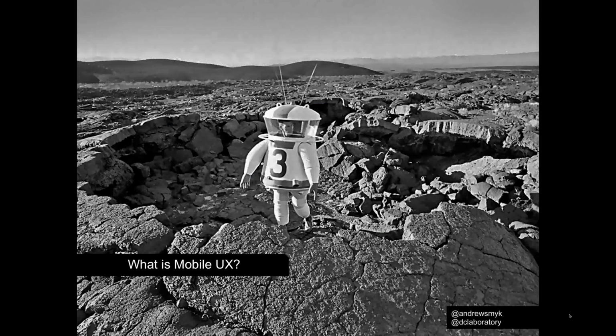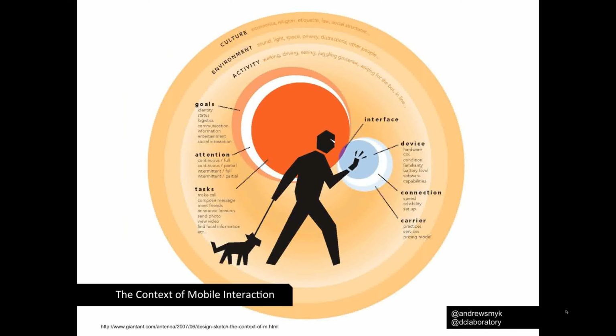So the big question, what is mobile UX? I tried to get this pared down to a few major points, and then I'll discuss those points in detail throughout the rest of the webinar. The thing that you want to look at is the context of mobile interaction. If you go to giantant.com, they have a sketch of the context of mobile.